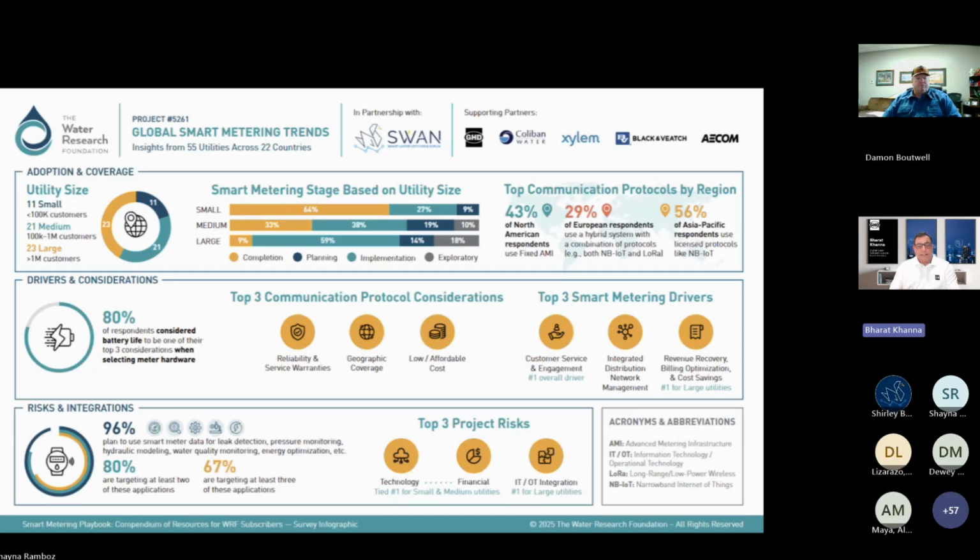And if you look at the mid graphic, which talks about where they are on the journey, an interesting fact is that the smaller ones are doing better than the bigger ones. If you look at the smaller ones, 50% plus are already on the journey of implementing, whereas the larger ones, obviously because of the size and the capital required, are slightly lagging behind. That came out in the report.